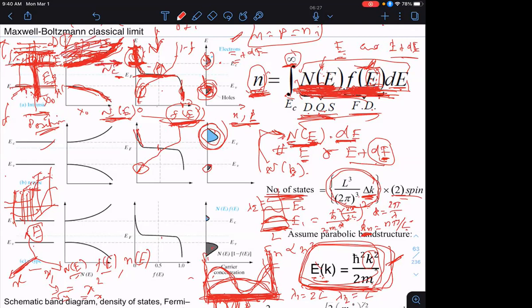This whole distribution as a function of energy is mapped to a single number NC at the conduction band edge times the occupancy factor at the conduction band edge. That's my F of EC, okay? So I've sort of compressed all these complicated energy dependencies to a single number NC at the conduction band edge times the occupancy at the conduction band edge.